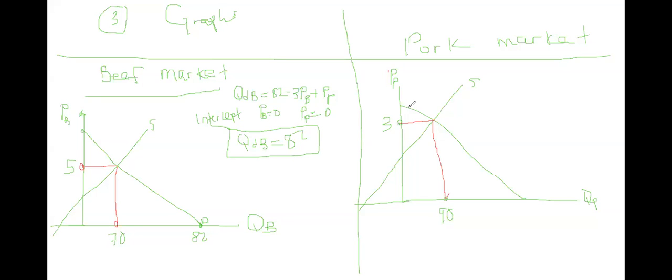So you do the same thing for the pork market. All these points can be calculated by asking yourself, if the price of beef and pork is 0, this is what we will have, 82.